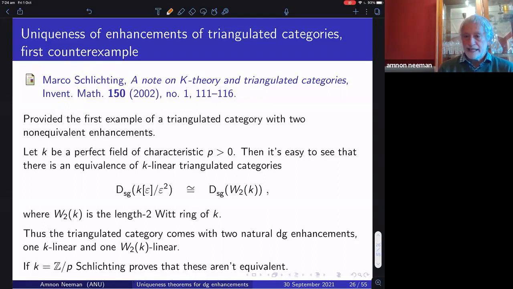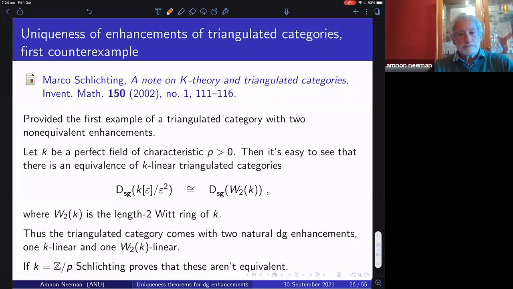They come with two natural enhancements. And Schlichting proved that these enhancements aren't equivalent if K is Z mod p. They're probably never equivalent, but Schlichting's proof works when K is a prime field.